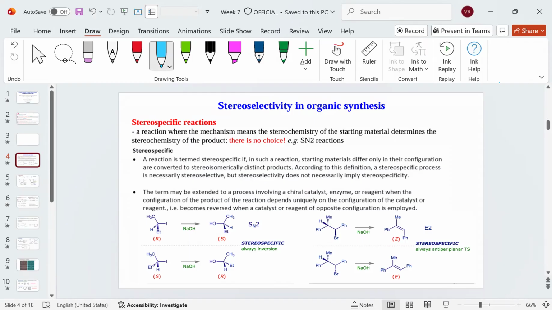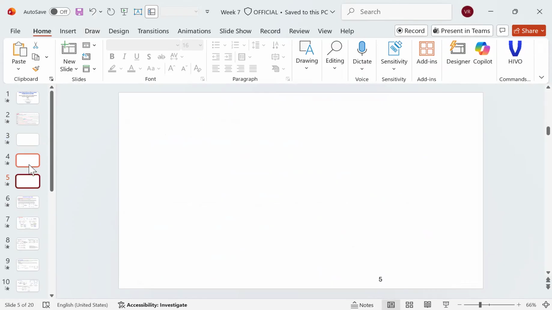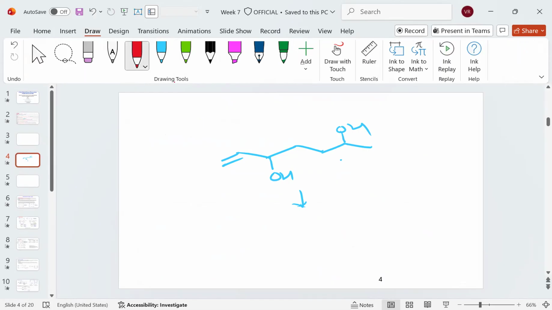So let's say you are doing the oxidation of a system in which we have a primary alcohol and a secondary alcohol, and in that oxidation reaction, only one particular alcohol gets oxidized. So let's say we have this alcohol and this alcohol. In this case, both are secondary alcohols. But if you look here, one has an adjacent double bond.